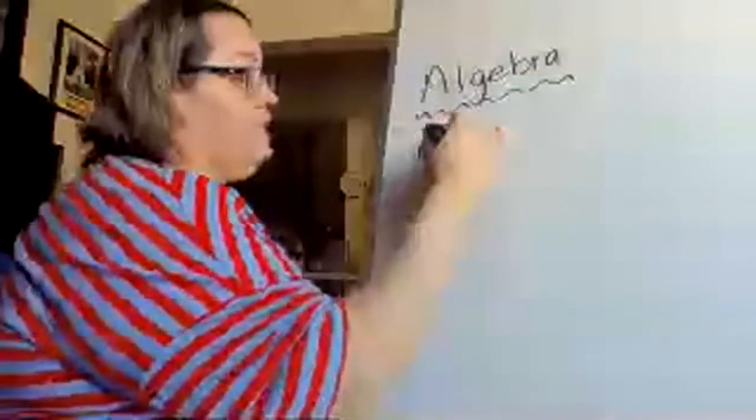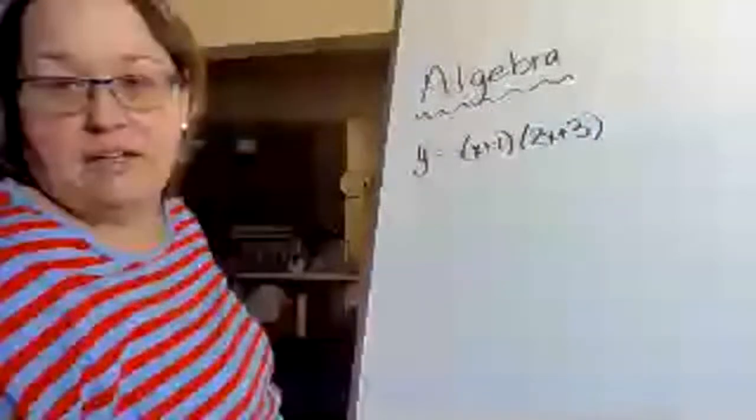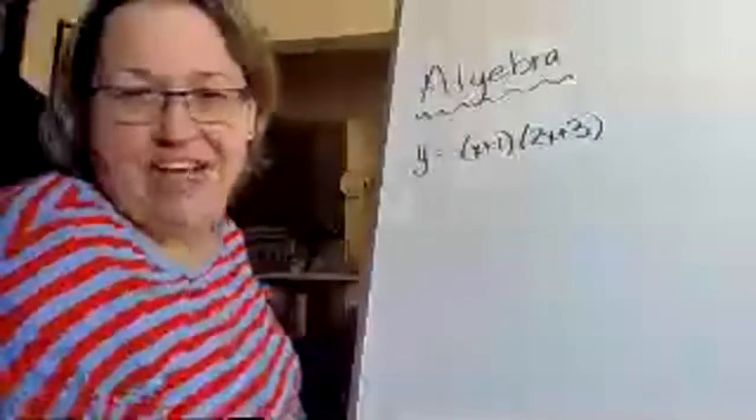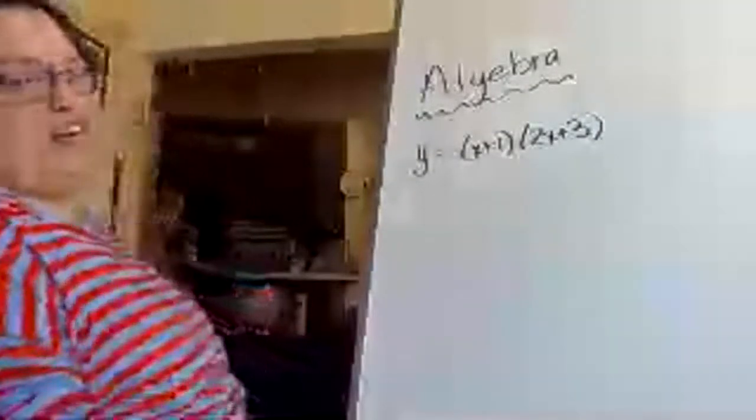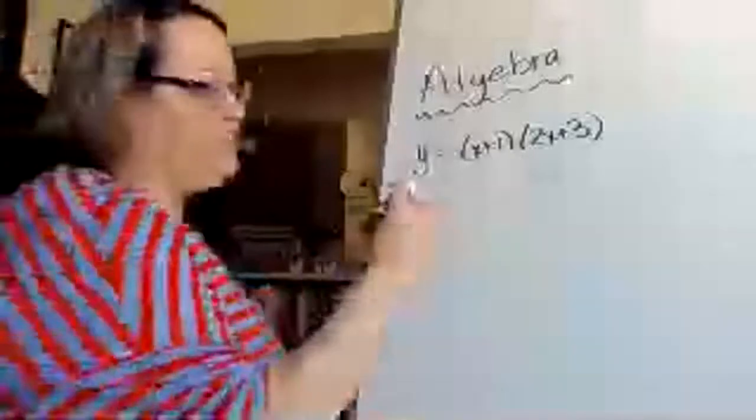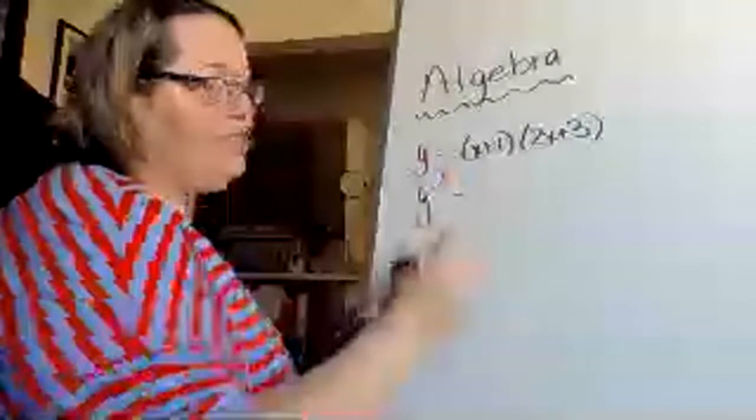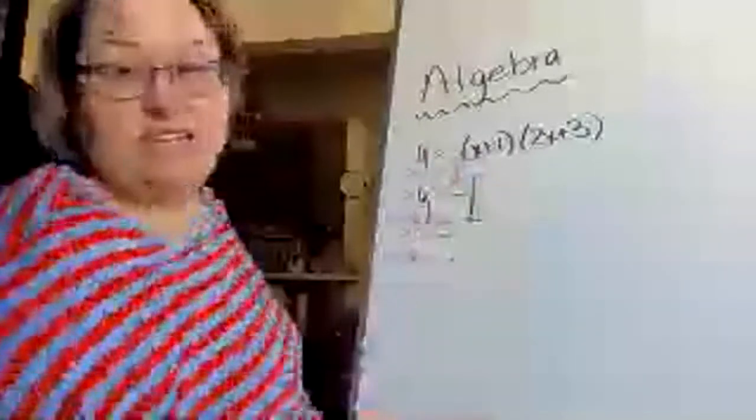Let's see, negative x plus 1, 2x plus 3. I love factoring. Hi, Hannah. Okay, so let's look at this. Let's multiply it out. I have a negative out front. And yes, we discovered that mine is all blurry, so I'm so sorry, guys.